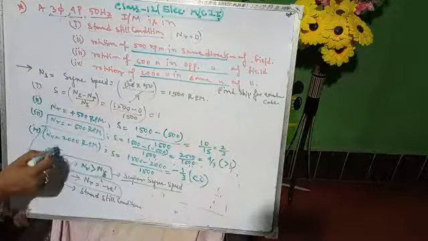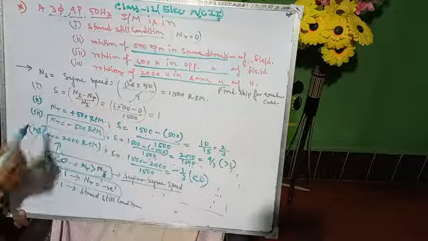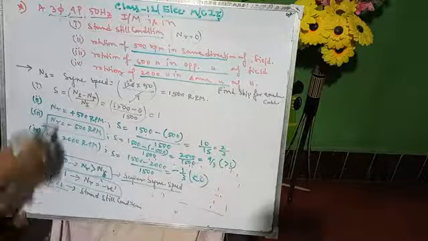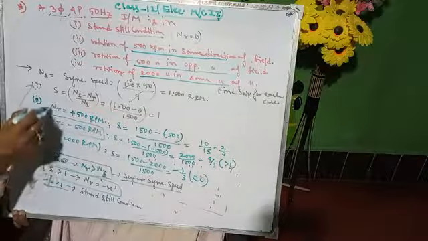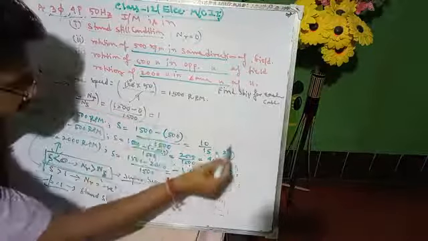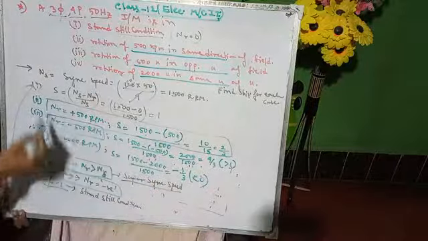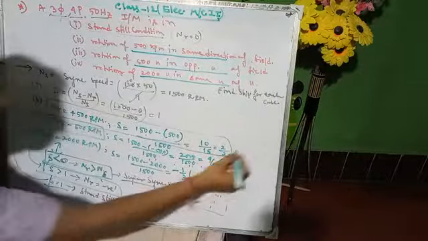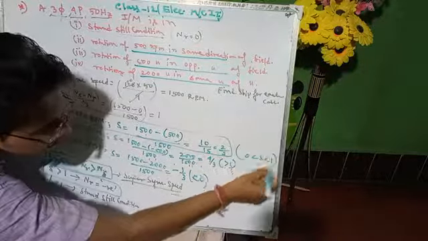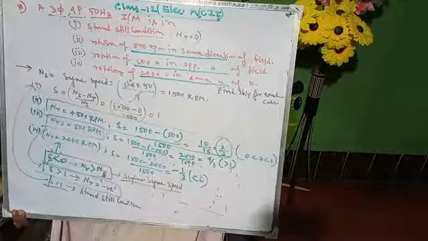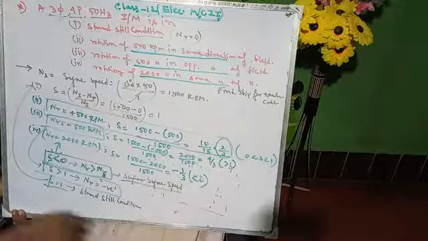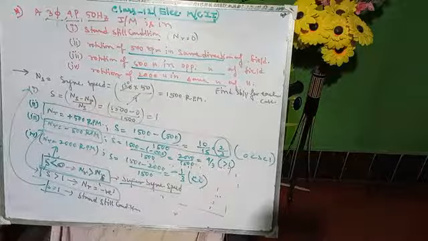Again, you can verify it. So s equals 1 for the first case, and the motoring operation is applicable only for the case of 2 by 3, which lies between 0 and 1. This is the slip range for motoring operation. So this is all about the slip concept.